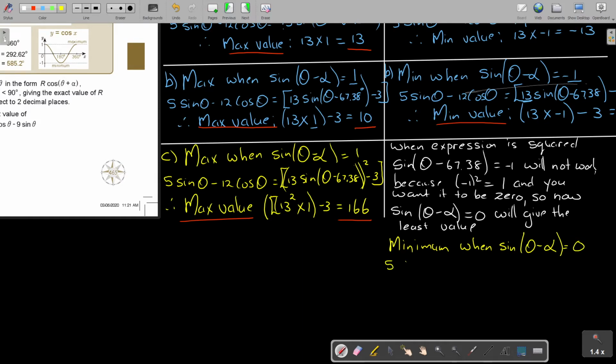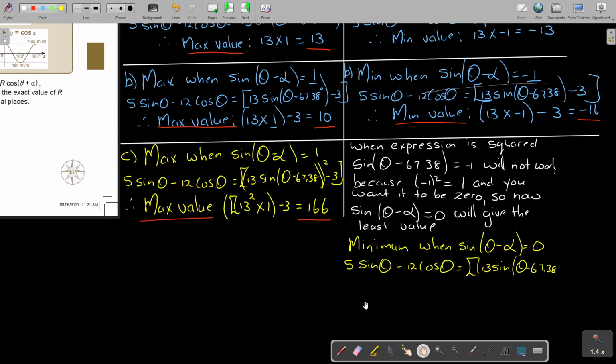So 5 sin theta minus 12 cos theta equals bracket 13 sin theta minus 67.38. And then I still square it and I subtract 3.